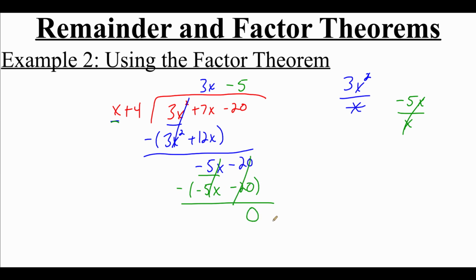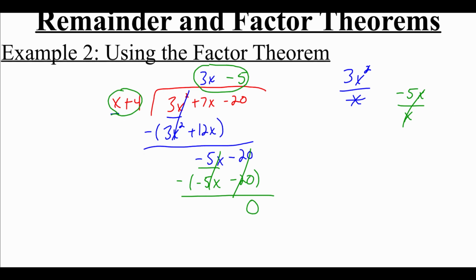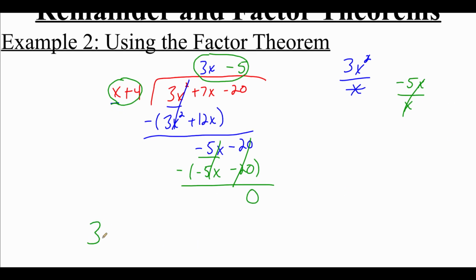So we get that remainder of 0. And our answer, the quotient, is this 3x minus 5. Now what this means, using that original divisor of x plus 4 and this 3x minus 5, our quadratic that we started with, that 3x squared plus 7x minus 20, will actually factor into x plus 4 and 3x minus 5.